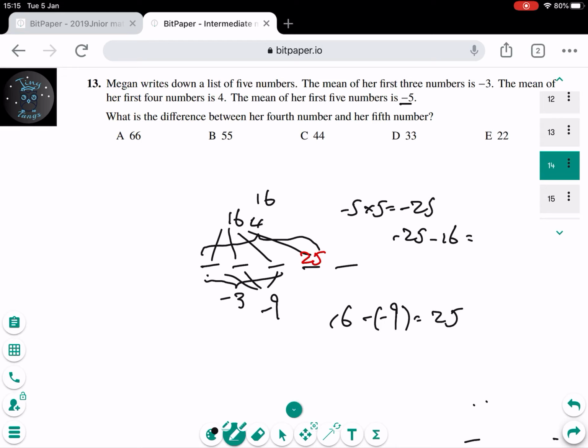So -25 minus 16 equals -41. So what we put here is -41. Let me change to another color. I don't know why these dots keep on appearing. Wait, something happened.